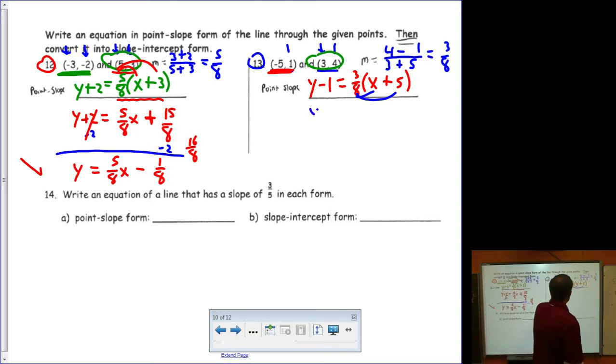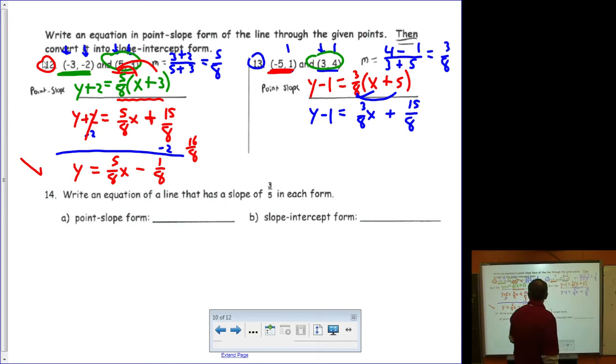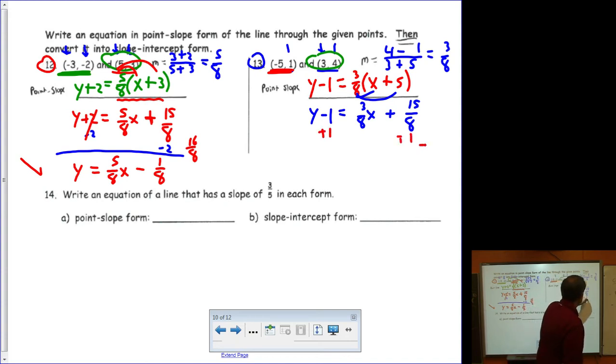So first, I would get 3/8 times x, which is 3/8x, plus 3/8 times 5, which is 15/8. And then I would add 1 to both sides.